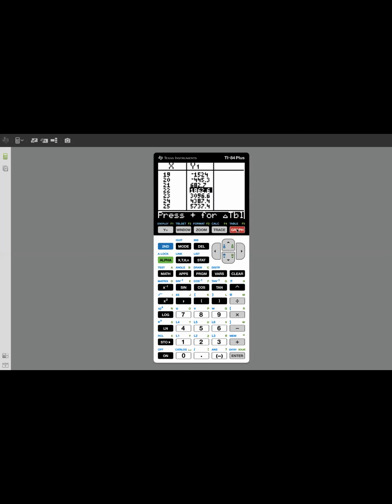And then I'm going to go back to my table of values. So I hit second table, and I'm going to think about my Y values just for a second. Now the Y values change very quickly, as you notice. So very quickly we go from 0 to 5,000, both in the positive direction and also the negative direction. The negative numbers here are increasing very rapidly as you go up this way.